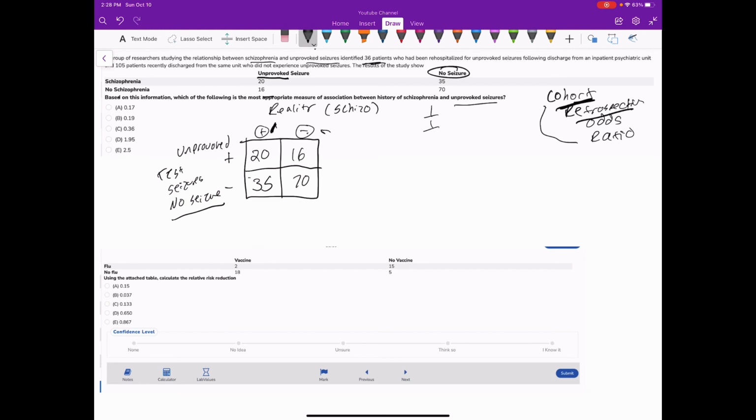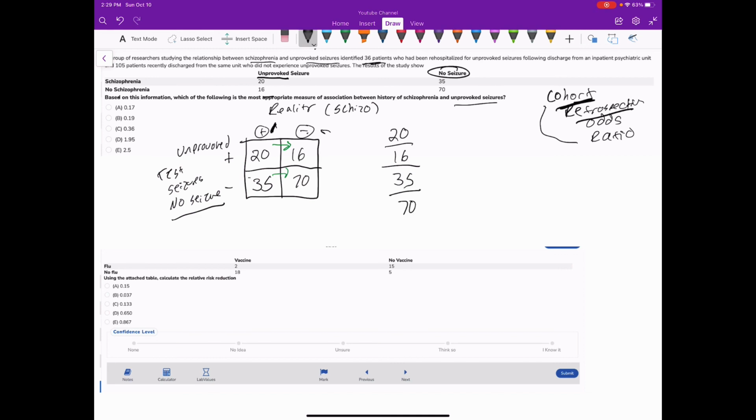What are the odds of one thing happening over the odds of another thing occurring? It's a gamble. All we need to do is remember going from left to right over left to right. 20 over 16 over 35 over 70.